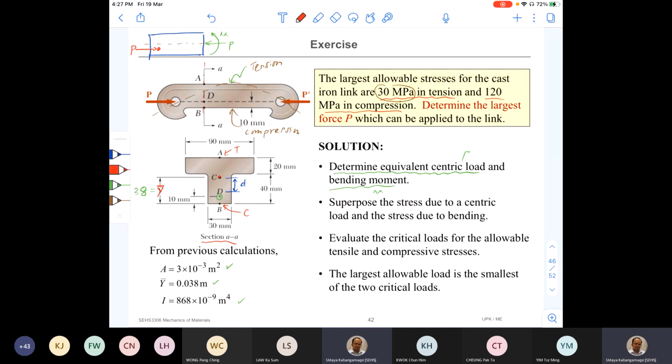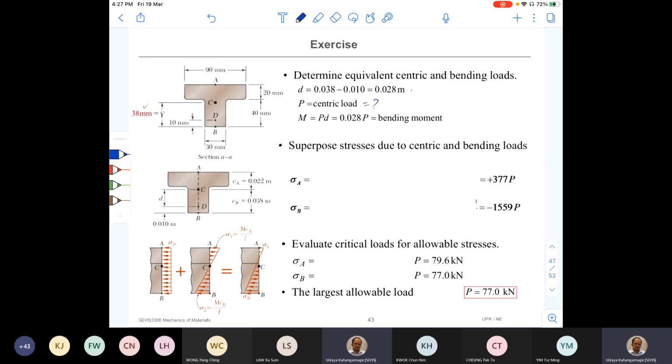So that gap is the D. So if you want to find out that D, this is equal to Y bar minus 10, right? 38 minus 10, that is 28. So that is what I find here. Okay, so now I got the internal bending moment in terms of P.